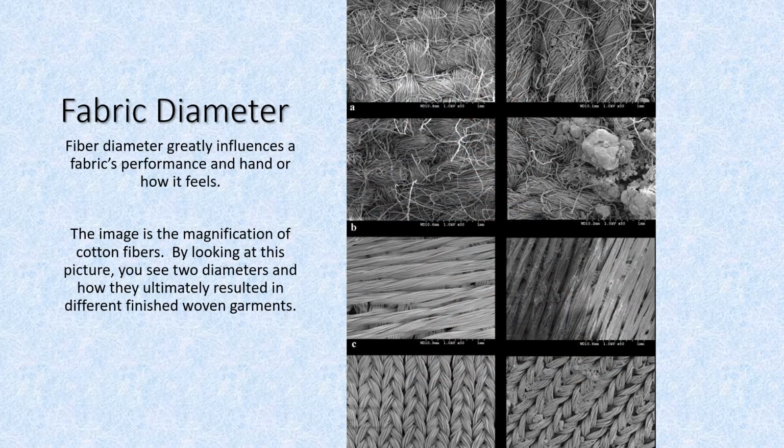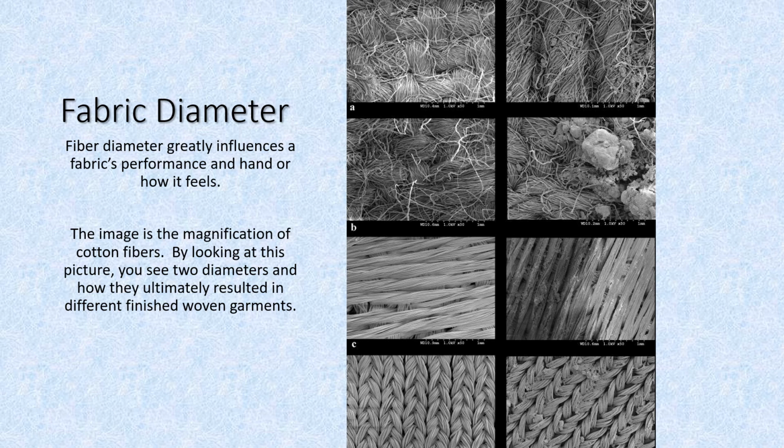Along the lines of the physical structure of fiber, we talked about length, and the next thing we are going to talk about is the diameter. The diameter of a fiber greatly influences the fabric's performance and how it feels. How it feels is called the hand, right?